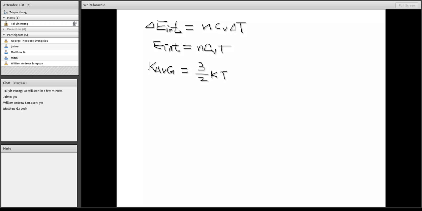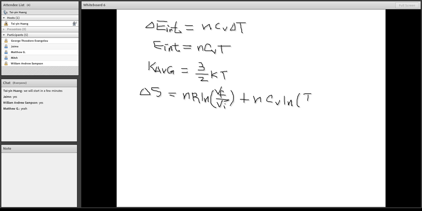So that's that. And we also mentioned that for gases, if you want to calculate the entropy change, you have to use this equation, and that's equal to the number of moles times the gas constant times the natural log of the volume ratio, so that's final volume over initial volume, plus the number of moles times the specific heat at constant volume times the natural log of the temperature ratio.